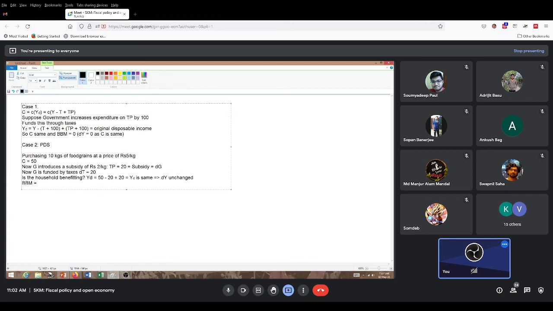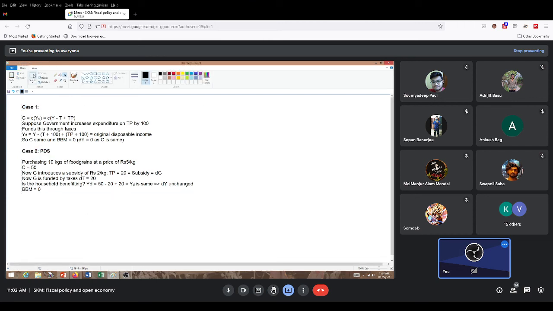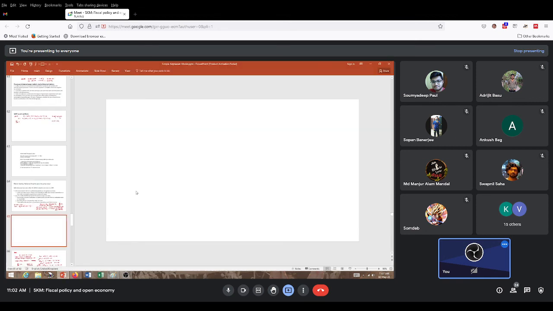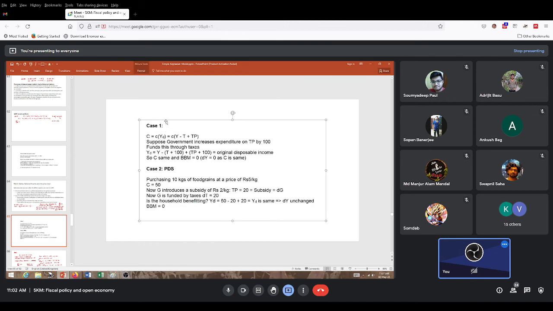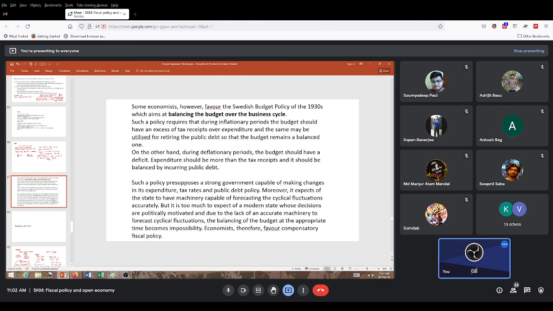So what is the value of the BBM? In this case also, it is 0. So even in the case of a simple Keynesian model, you can see that the balanced budget multiplier may become 0.